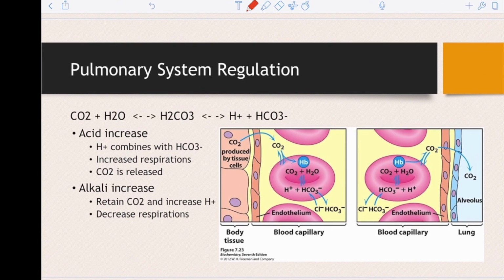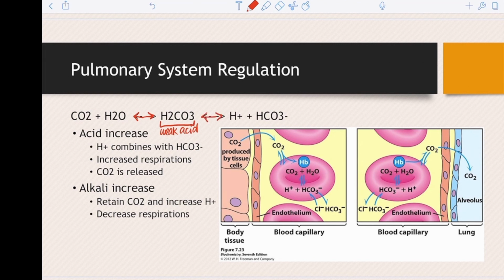So let's take a look at this pulmonary system regulation and how that works. Again, here comes this really important equation, the bicarbonate carbonic acid buffer system that we just keep coming back to. In the middle, you have your weak acid, carbonic acid, and then you've got your double-sided arrows, meaning that the equation can go back and forth depending on what the body deems necessary.